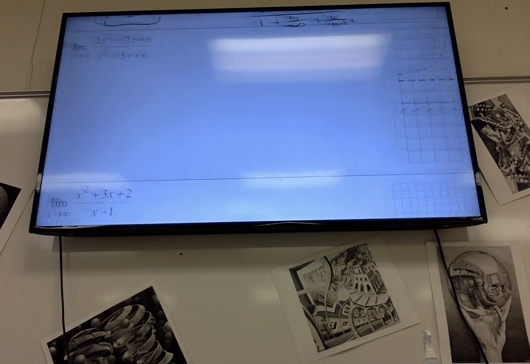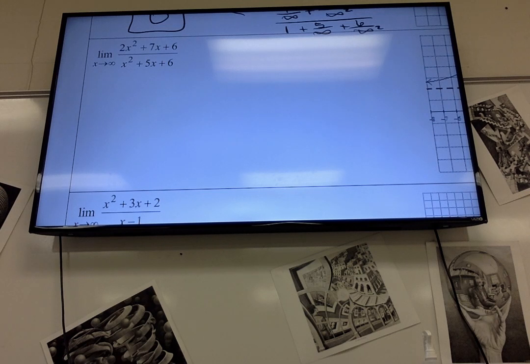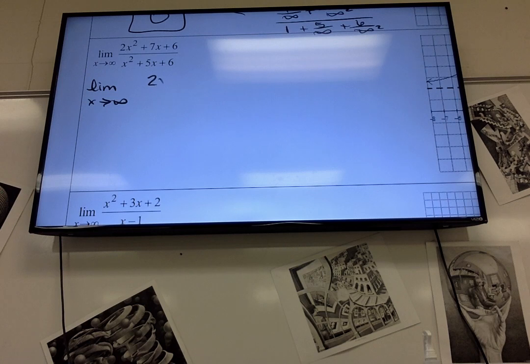So that would be the limit as x approaches infinity of 2x squared over x squared, 7x over x squared, 6 over x squared, and so on.